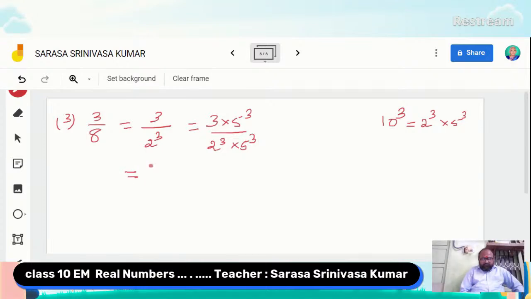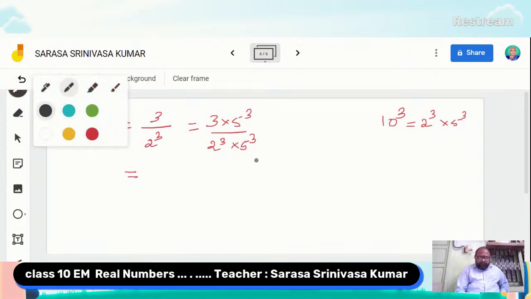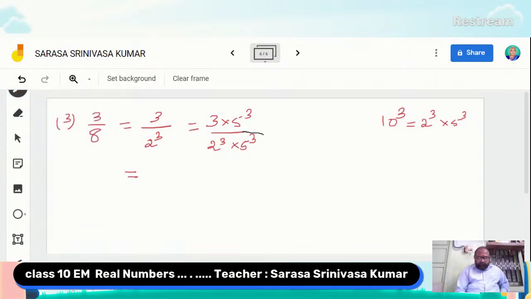You must understand this concept very carefully. Why should we multiply by 5 power 3 only? Here we want to get the denominator 10 cube. To get 10 cube in the denominator, we have multiplied and divided by 5 cube.